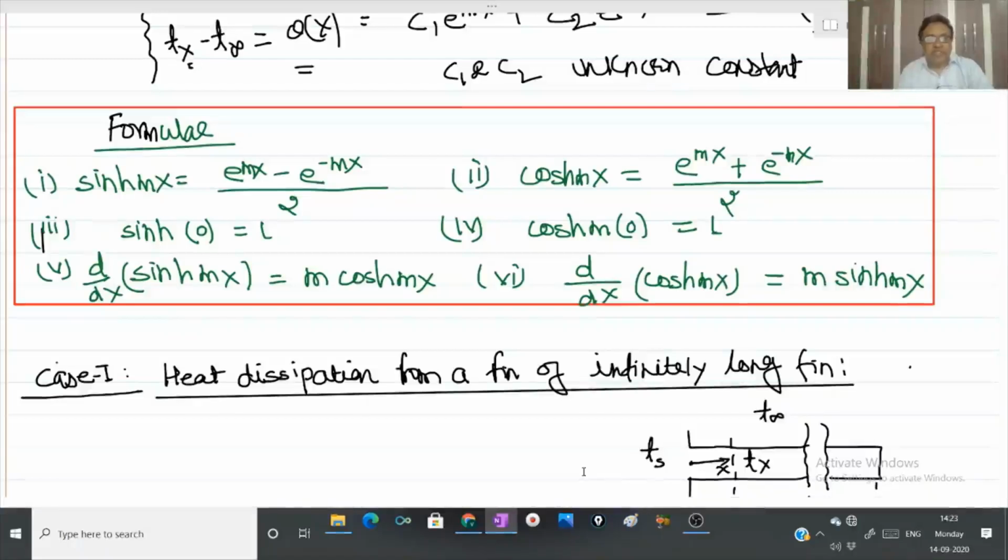In today's lecture, we are going to discuss case 1 related with one-dimensional steady-state heat transfer from extended surfaces. Case 1 is heat dissipation or heat transfer from a fin of infinitely long length.